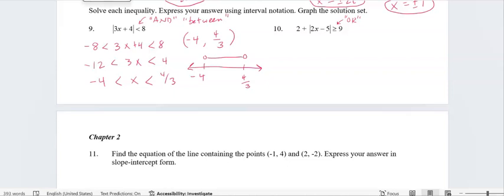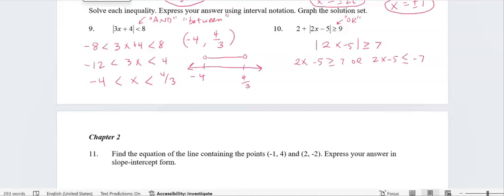All right, so to set up the or, first of all, of course, we have to isolate the absolute value. And now I'm going to set up basically a combined inequality using the word or. Two different inequalities. Notice when you set up this second one, you switch the inequality and then you change the number to negative.